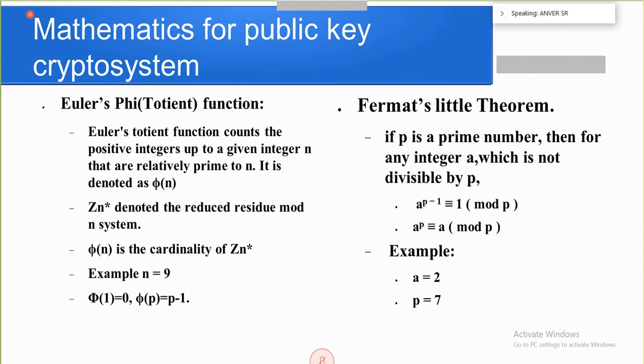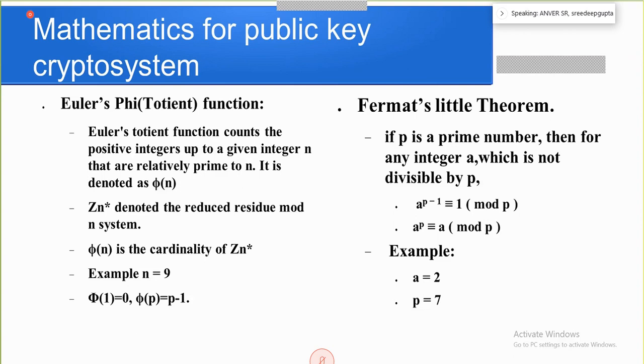Then Fermat's little theorem. Fermat's little theorem says that if p is a prime number, then for any integer a that is not divisible by p, a raised to p minus 1 is congruent to 1 mod p.